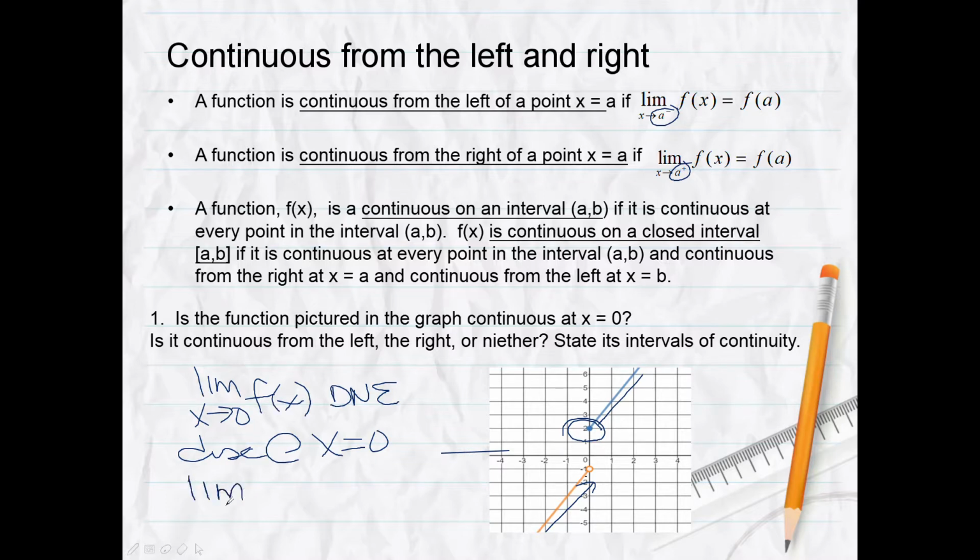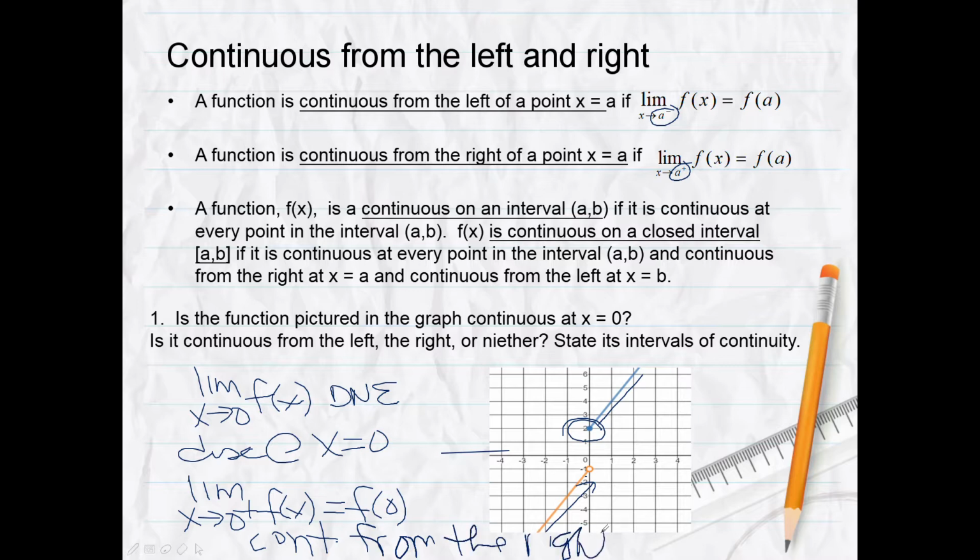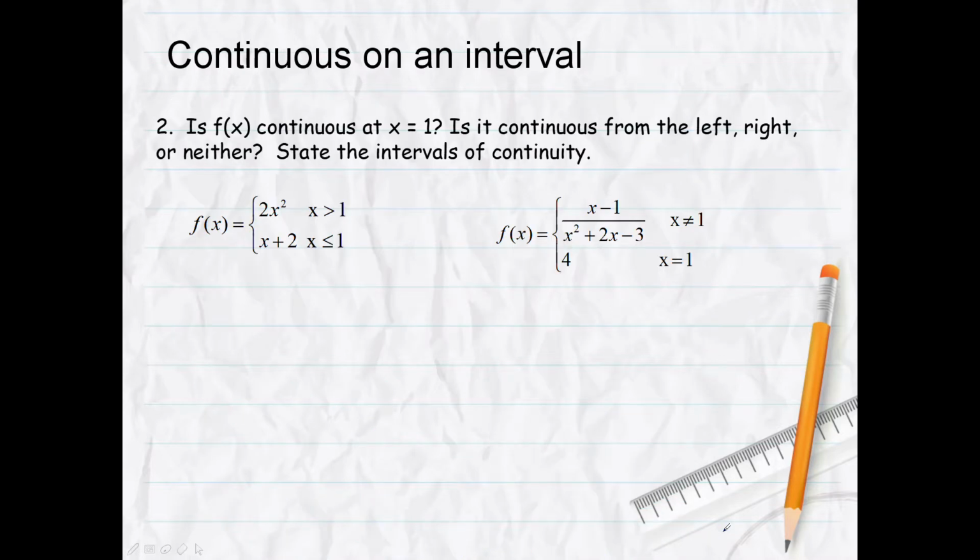So we know the limit as x goes to 0 from the right equals f of 0. So we're continuous from the right at x equals 0.